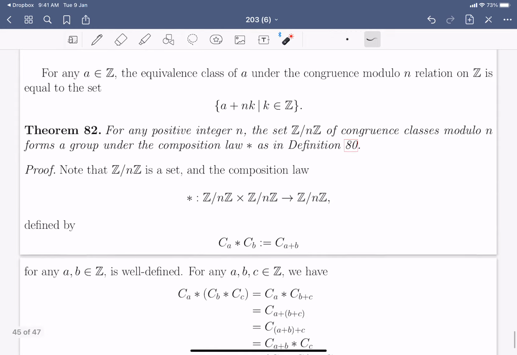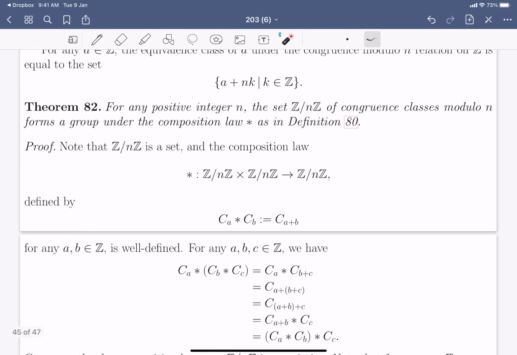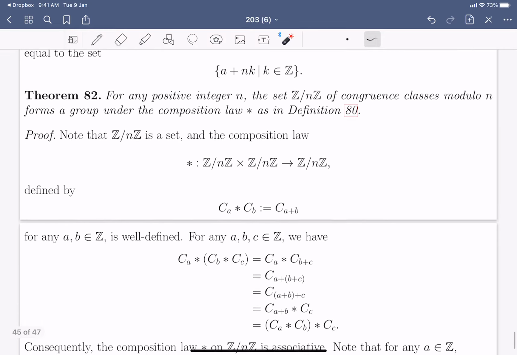And now the next task is to show that for this composition law that we have introduced in definition 80, the set Z mod nZ forms a group. Okay, let's try to at least establish this theorem. So this is a set, that's fine, and this is non-empty, so things are well and good.